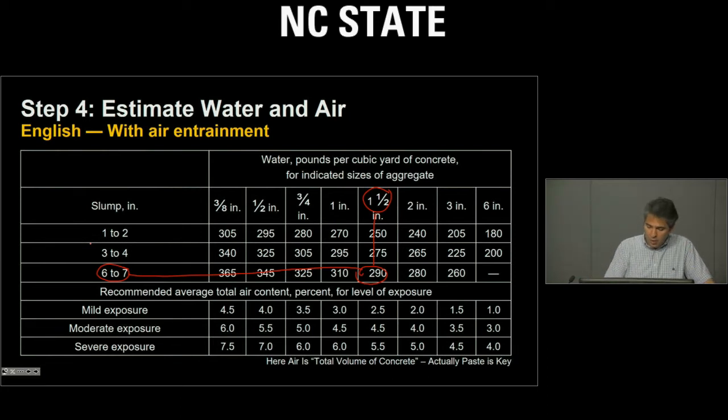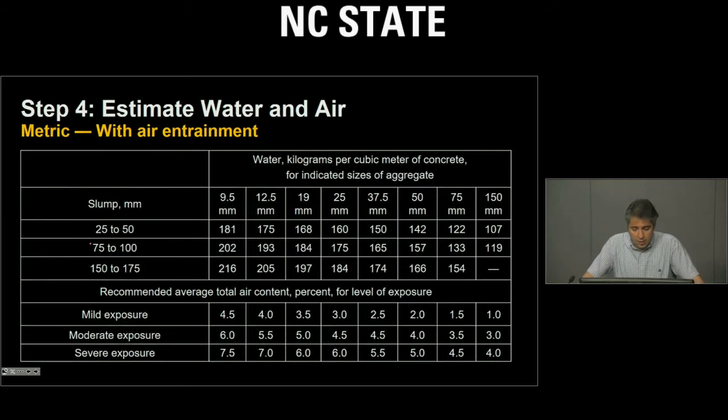And also, we need 4.5% air, which is by total volume of the concrete, but the air will sit inside the paste, and that is a key for durability. So we want to intentionally introduce a little bit of air into our concrete. And why do we want to do that? I will talk about why we need a little bit of air inside the concrete.